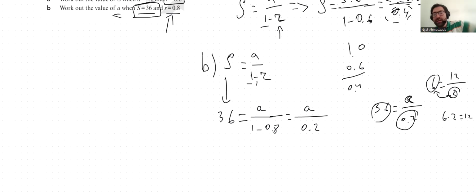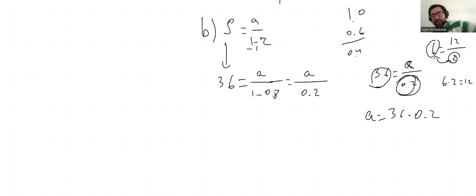In order to find A, I have to multiply this guy, which is 36, by the denominator, which is 0.2. Multiplying it with the denominator, I mean, it's not an 8th grade topic, so I'm not going to explain why it is so, but you can multiply it and you will get that 36 times 2 is 72, but we have a point on this side, so we'll go with the same thing. The A will be 7.2.